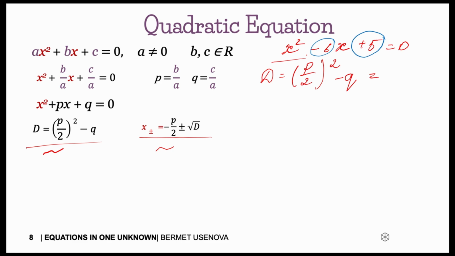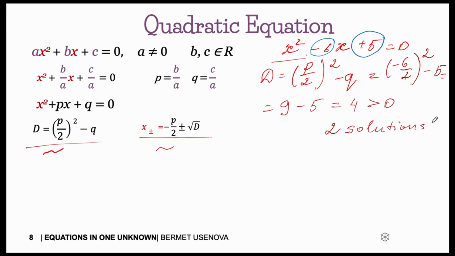If we replace them, it will look as follows: minus 6 divided by 2, squared, minus 5. 6 divided by 2 is 3, and minus 3 squared is 9. Minus 5 is 4. So the discriminant is bigger than 0, so we have two solutions.